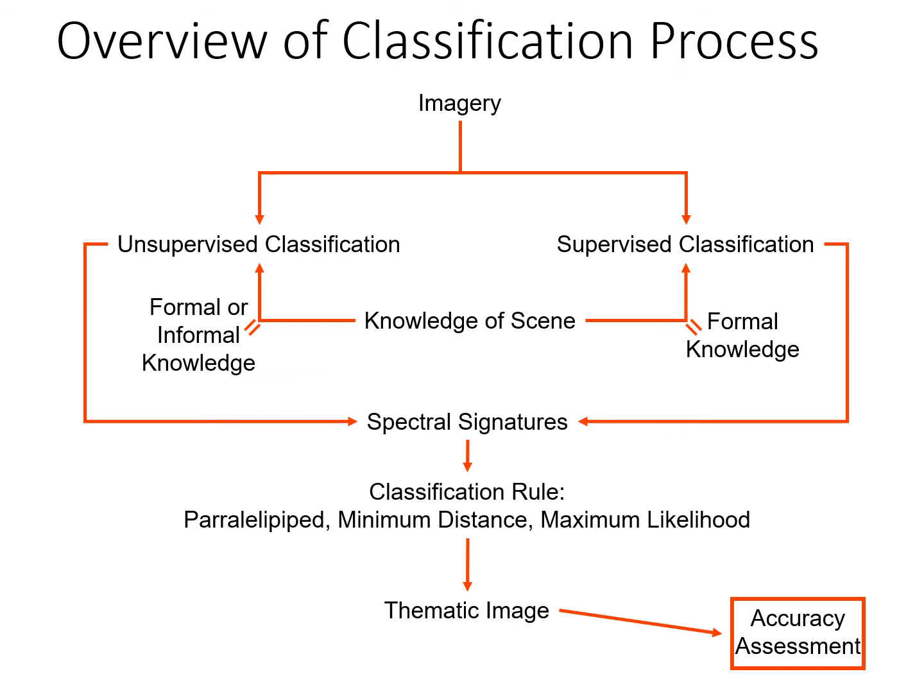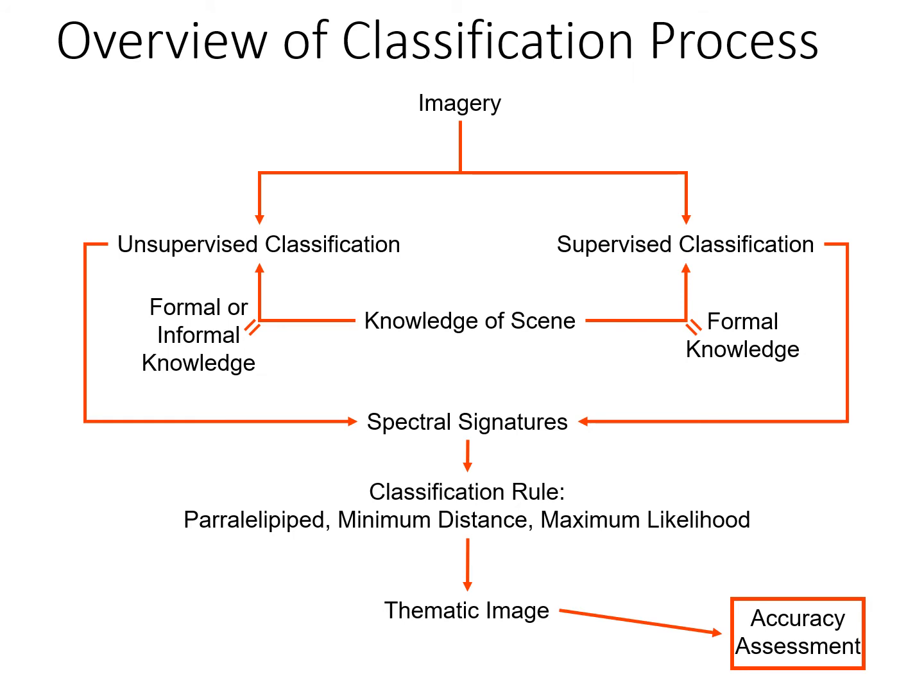That is, you're familiar with a place, but you don't feel like you could put down a particular point and say with any high degree of certainty, this is what is located in this place. And in those cases, you tend to use something called an unsupervised classification.